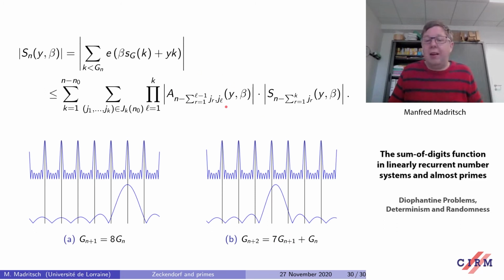Another way of estimating is to combine two of them, and combine three of them, and then you can also look at the distribution and get an estimate.